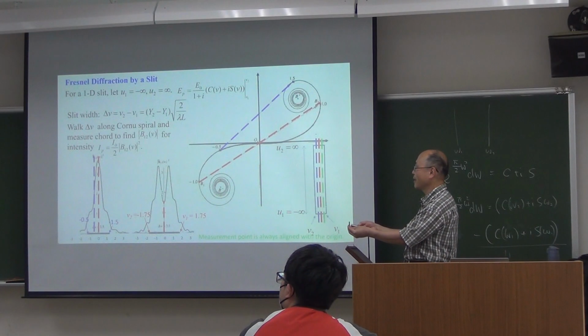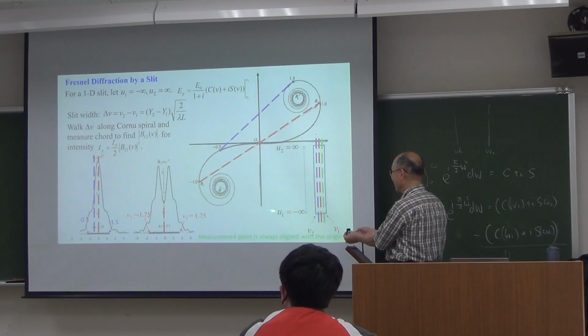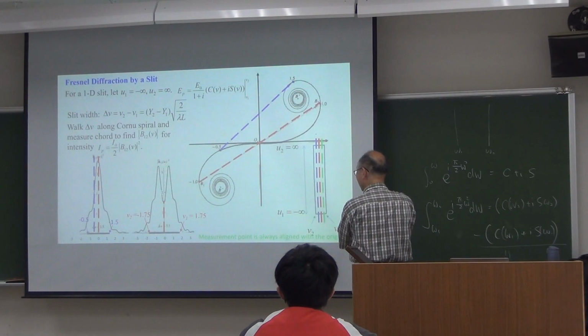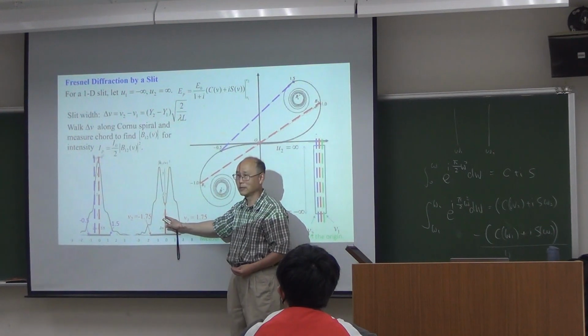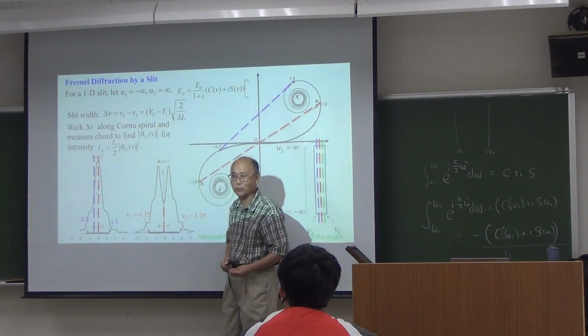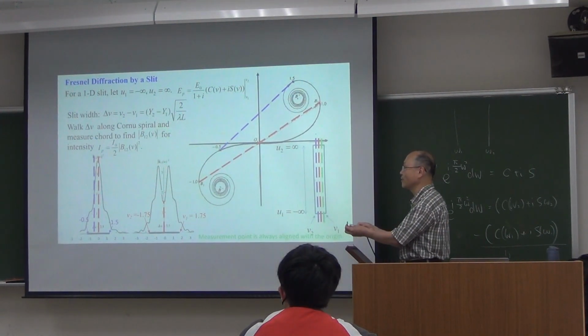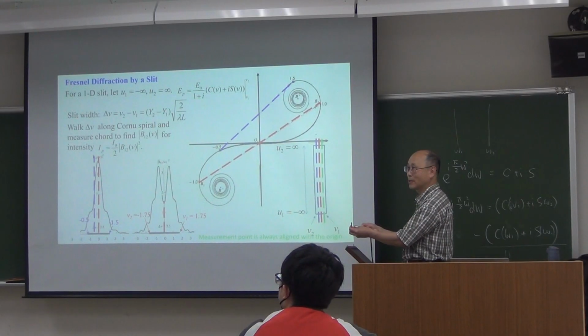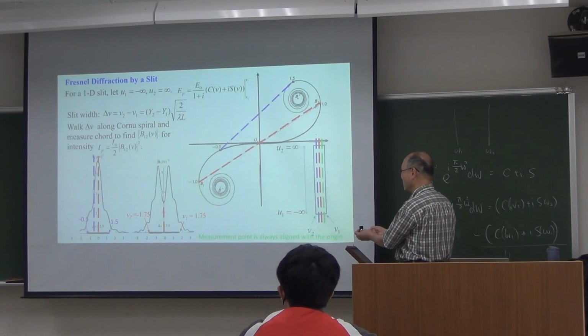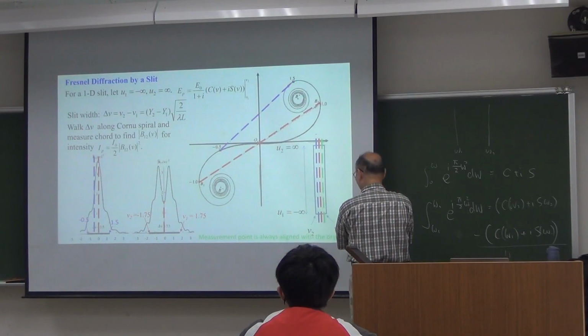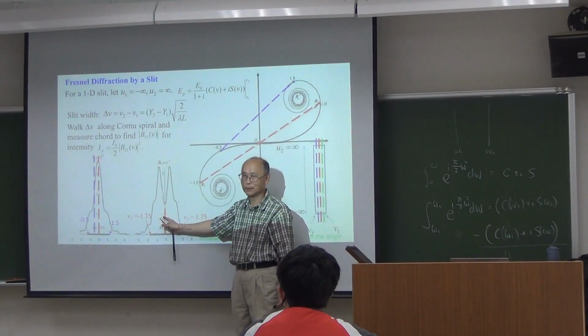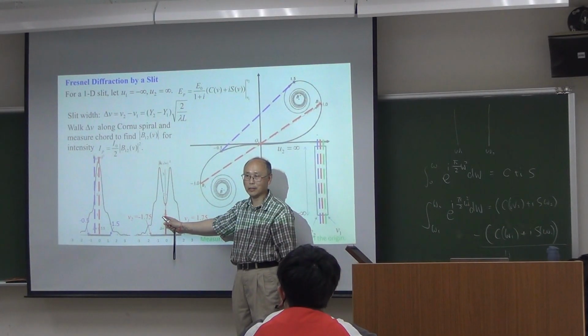But then if we move closer, you start to see this intensity distribution. It's no longer a sinc function like this. This is the sinc function. But if I move closer, hey, I found this, and we need to explain it.